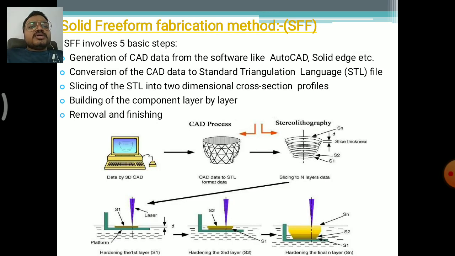And next one is the solid freeform fabrication method, that is SFF.